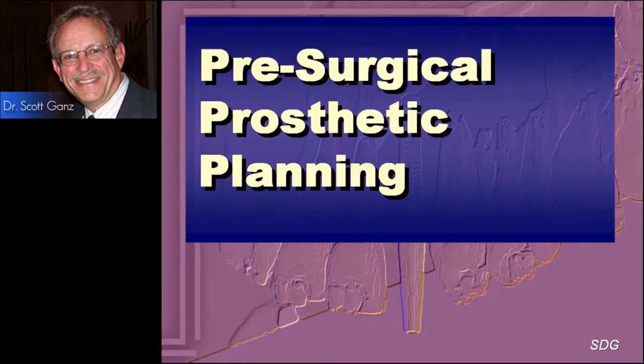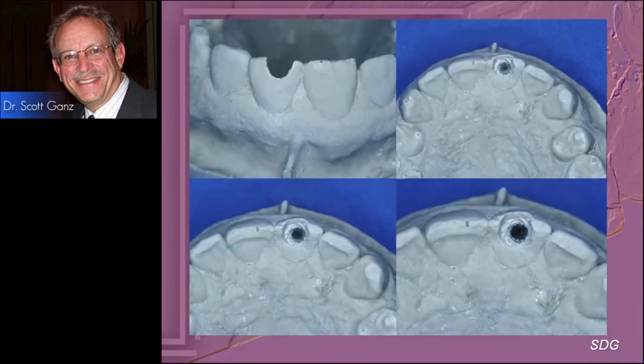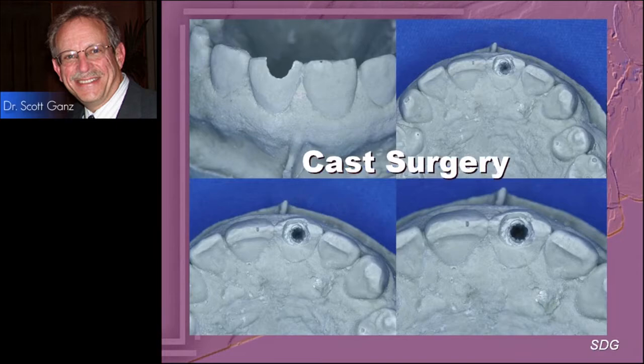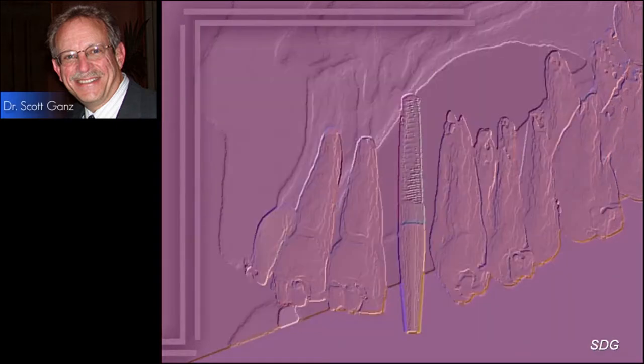And in the past, we have tried to be able to accomplish that by, as an example, using a model-based surgical approach or cast surgery where we remove some of the stone from a model and then we try to place an analog into that area where we would like to replace it with an implant.